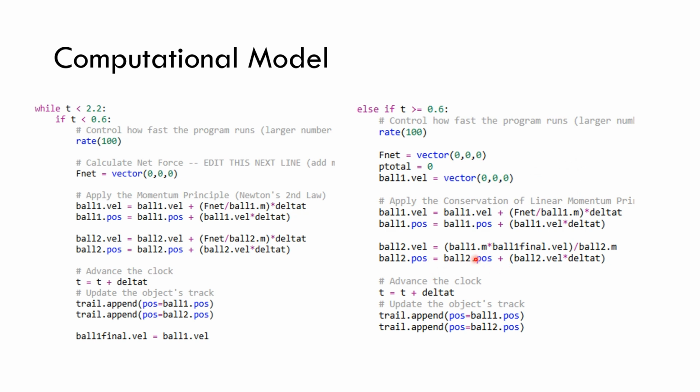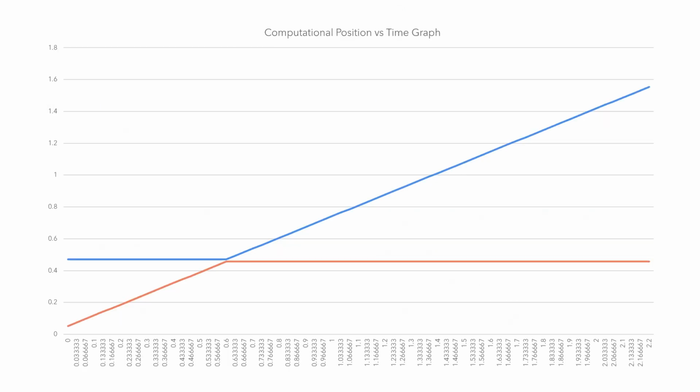Because the masses of ball 1 and ball 2 are both the same, its velocity is going to be equal to the final velocity of ball 1 before the collision.